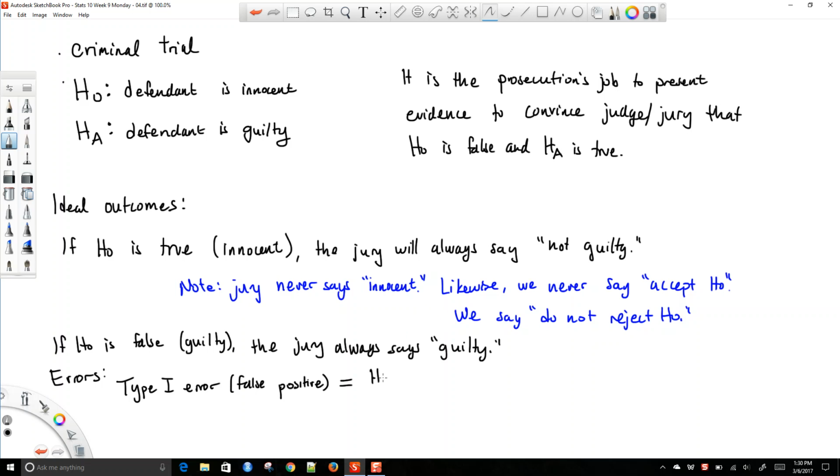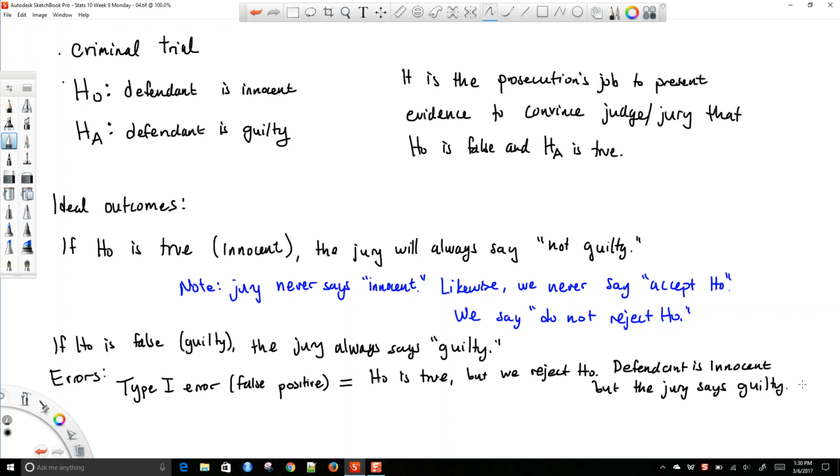So the null hypothesis is true, but we reject the null hypothesis. That means the defendant is innocent, but is convicted. The jury says guilty. That is the type 1 error. The defendant is innocent, but the jury says guilty.